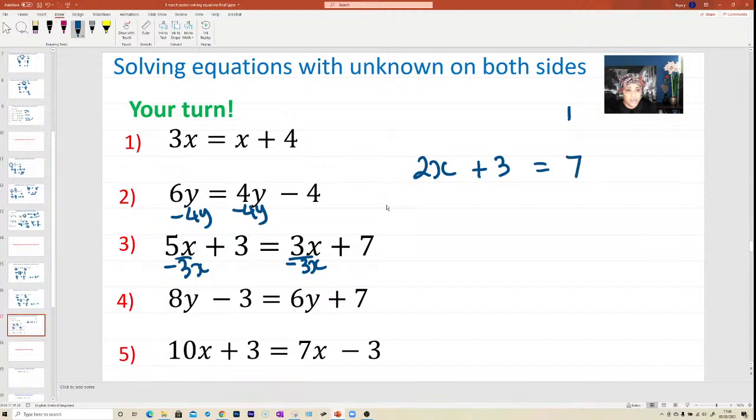And then we need to take away 3 because we have plus 3. So take away 3, take away 3. And now we have 2x equals 7 take away 3 is 4. And then we divide by 2. And that's going to give you x equals 2. So that's that, guys. And now we're going to do number 4.